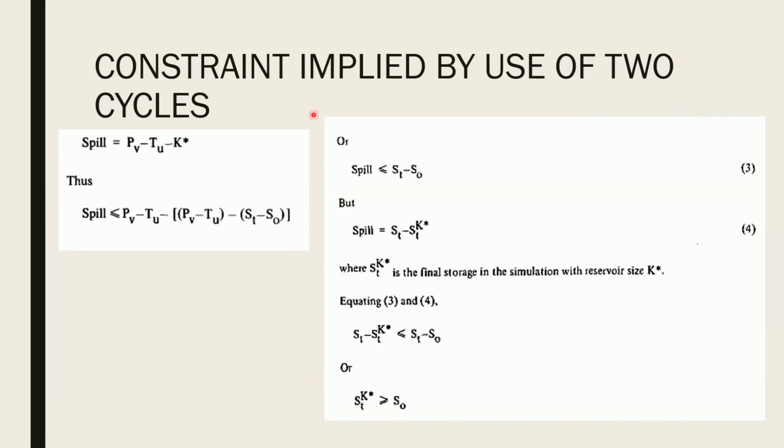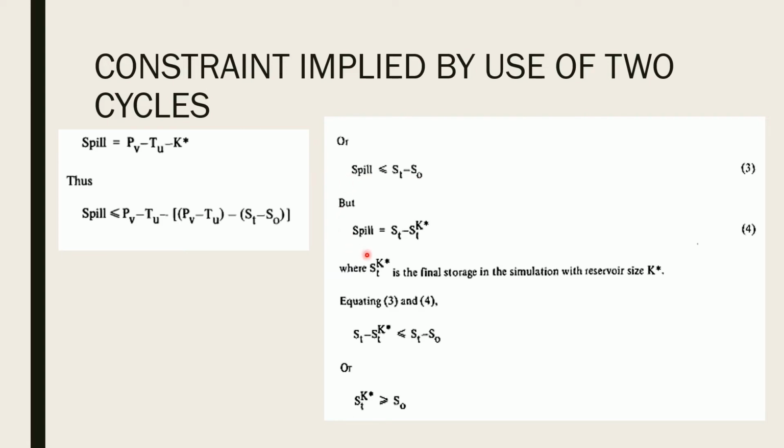So for the constraints implied by use of two cycles, we have spill is equal to Pv minus Tu minus K. Thus, spill should be less than Pv minus Tu minus the quantity Pv minus Tu minus St minus So, or spill should be less than St minus So.